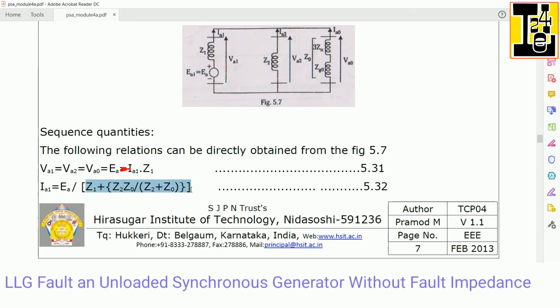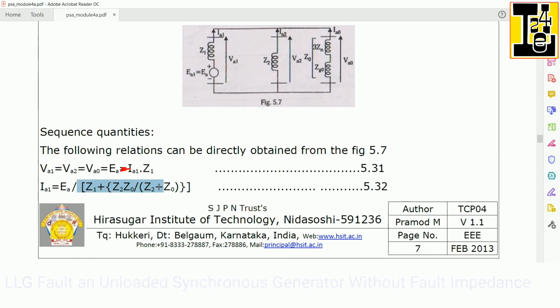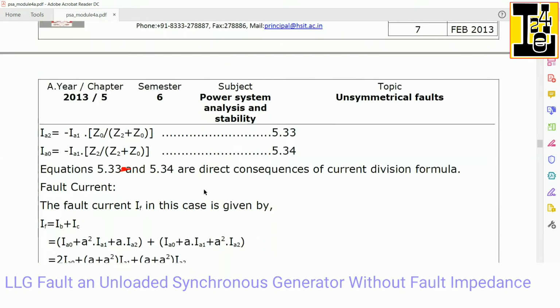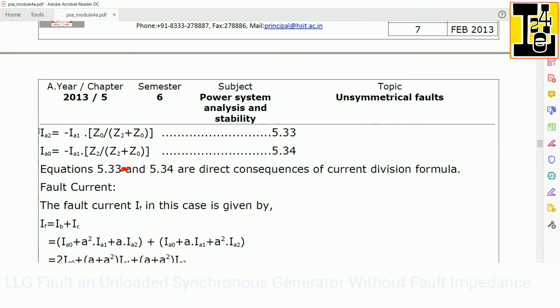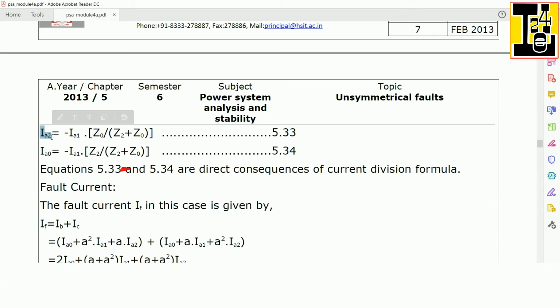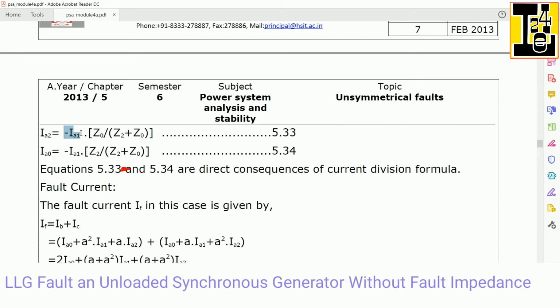So we can write Z1 plus Z2 parallel Z0 as the total equivalent impedance. Substituting that here, we get the expression for IA1 is equal to EA divided by Z1 plus Z2 Z0 divided by Z2 plus Z0. By using the current division formula, we can write the expression for the negative sequence current IA2 is equal to minus IA1, that is the main current, into Z0 divided by Z2 plus Z0.